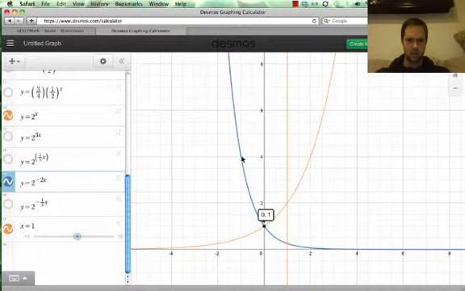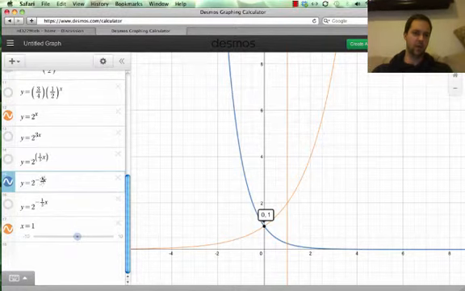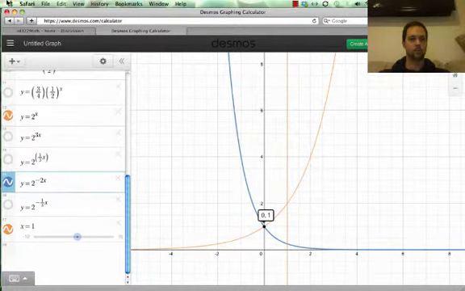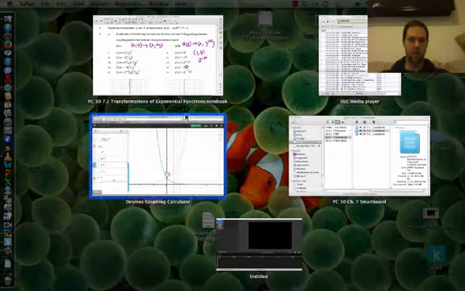So let's see if that's true, and we find the point negative 1 and 4 right there. So we can take our y value and raise it to the absolute value of the b parameter.